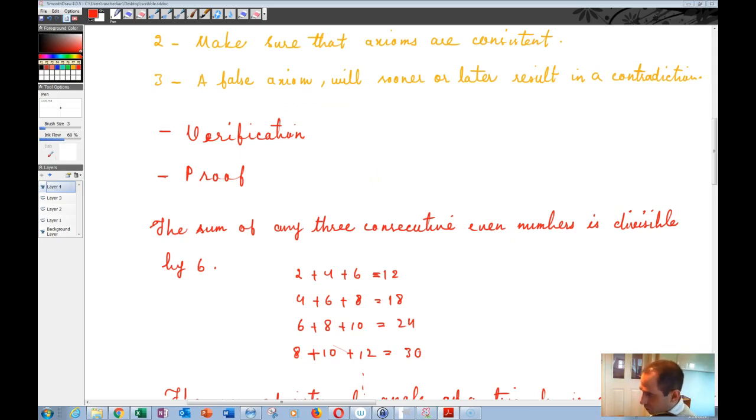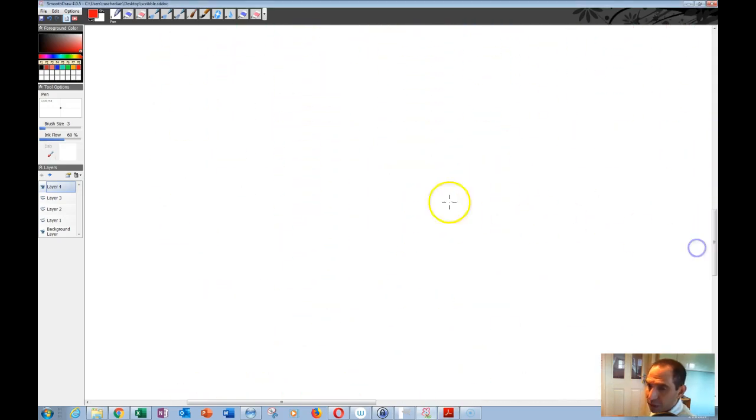First of all, there is a very simple way to do that, and that's called a counterexample. When you want to disprove a statement, you can use something called a counterexample.